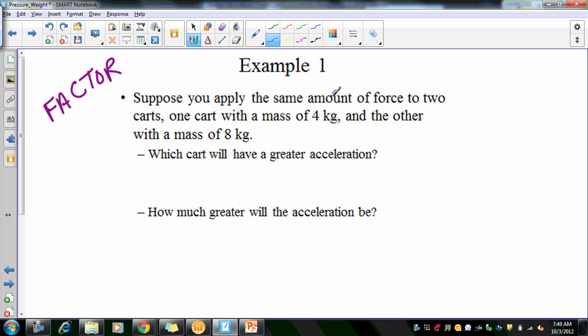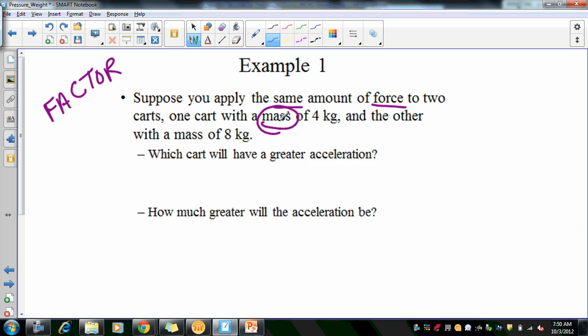Suppose you apply the same force to two carts. One has a mass of 4 kilograms and the other has a mass of 8 kilograms. The first question is, which cart will have a greater acceleration? Well, since it's the same force, the only thing that's changing is the mass, and here the mass is increasing.